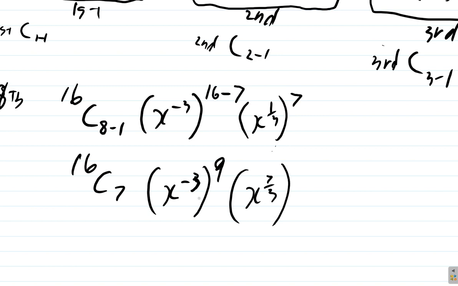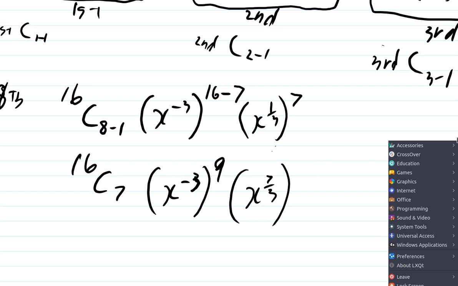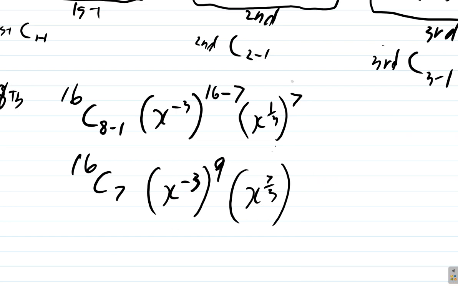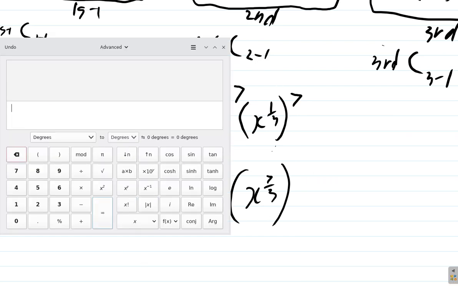So 16 C 7. Let's see if it is a number not too large that we can write it down.